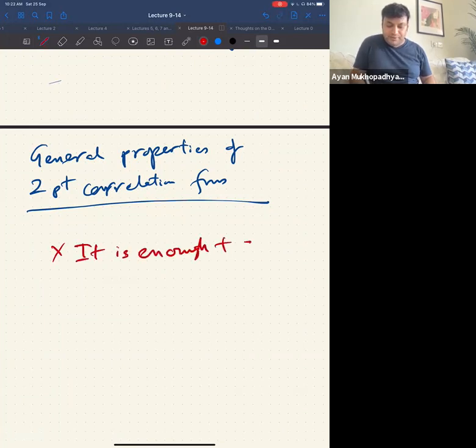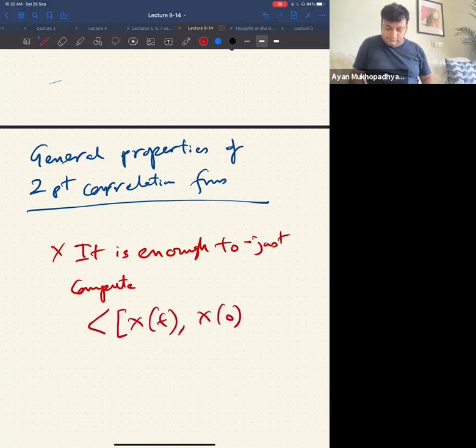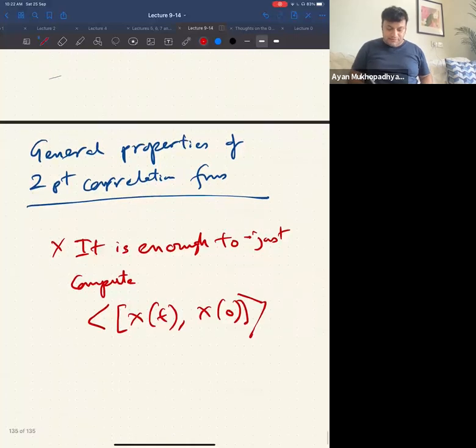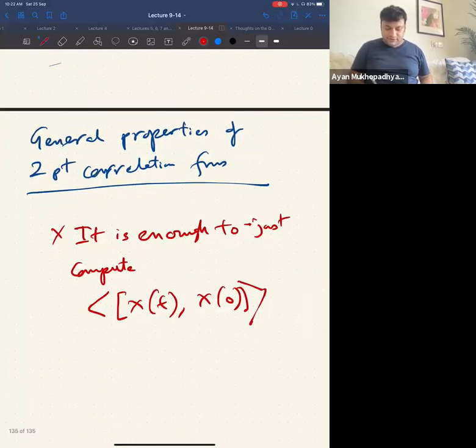enough to just compute this. All the other propagators, the Feynman propagator, the retarded propagator.